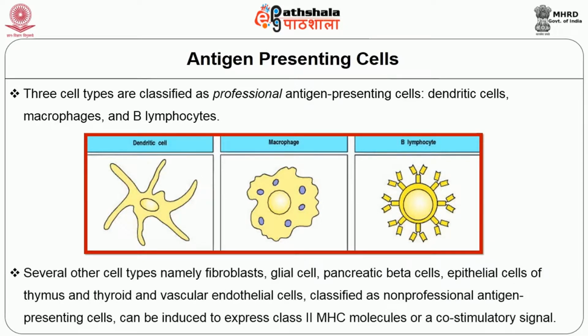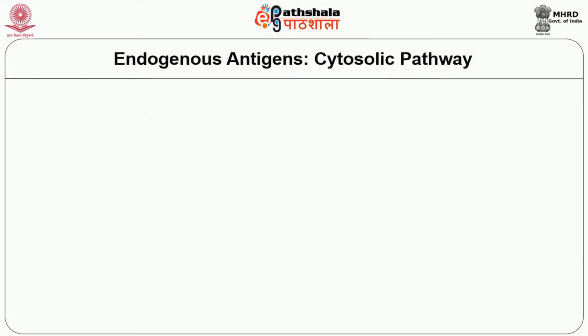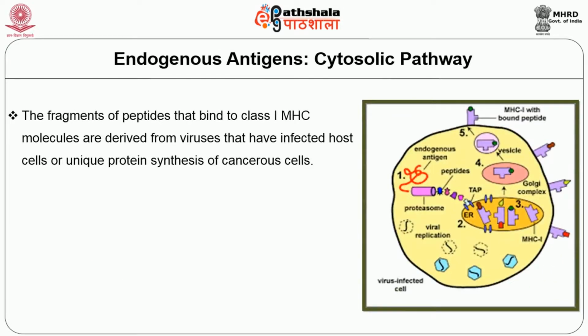Several other cell types, namely fibroblasts, glial cells, pancreatic beta cells, epithelial cells of thymus, thyroid and vascular endothelial cells, are classified as non-professional antigen presenting cells, which can be induced to express class 2 MHC molecule or co-stimulatory signals. Now we are going to see the two pathways for processing antigen.